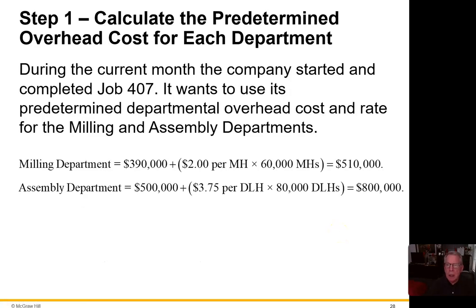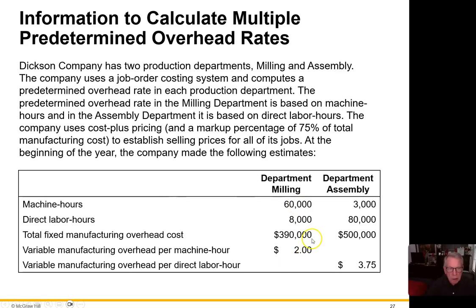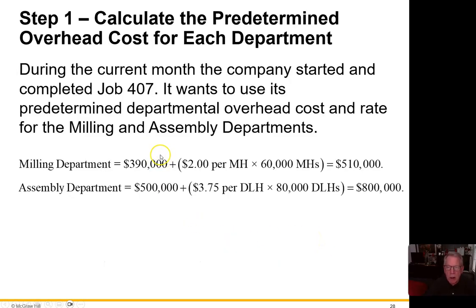Okay. So during the current month, they started and completed job 407. It wants to use its predetermined departmental overhead rates for the milling and assembly departments. So if we come back to our schedule here for the milling department, we had $390,000 of fixed overhead, and our variable overhead was $2 per machine hour, and we had 60,000 machine hours, for a total overhead of $510,000.